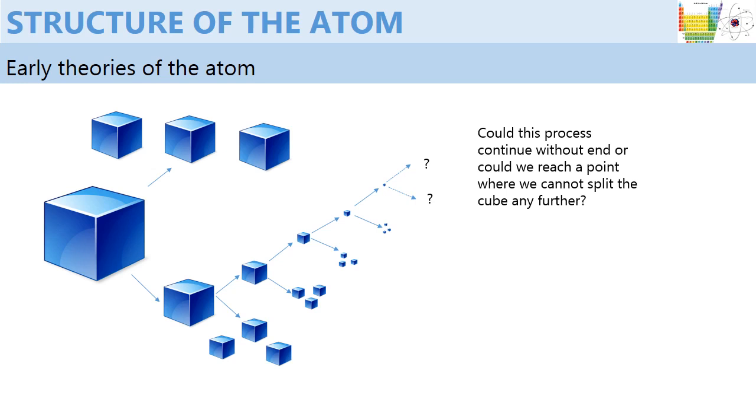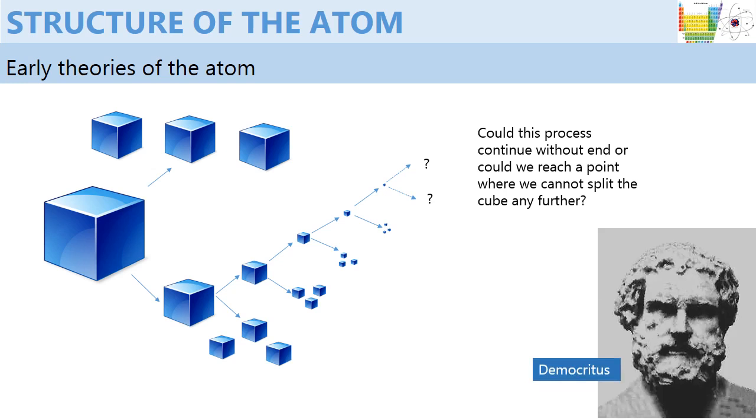This was the question that was in the mind of the Greek philosopher Democritus. And that is why he said that everything is made up of an atom, which he described to be very small or tiny.